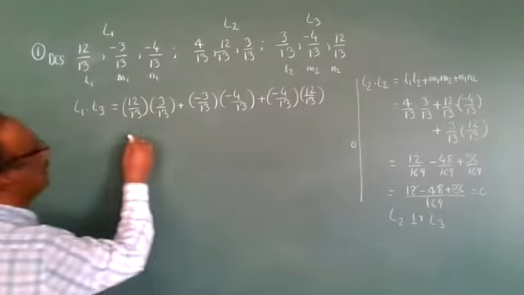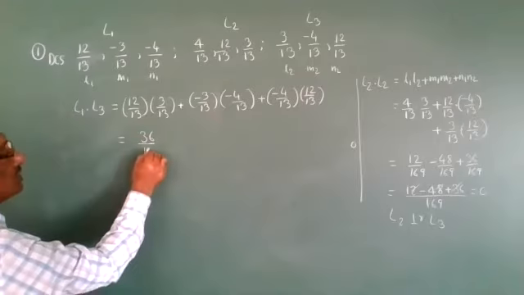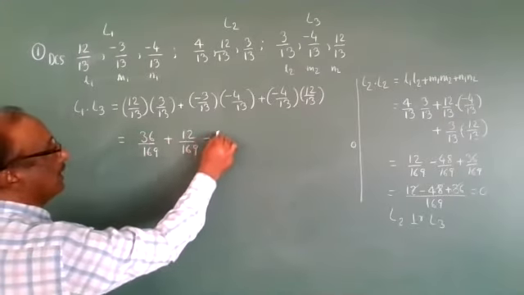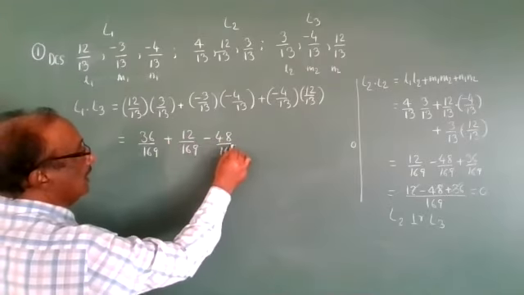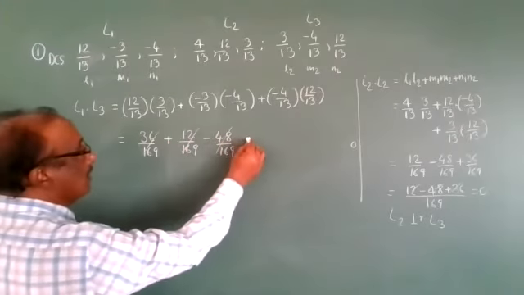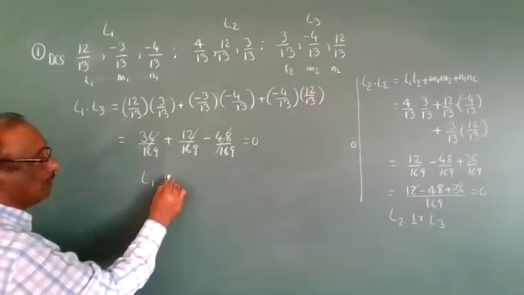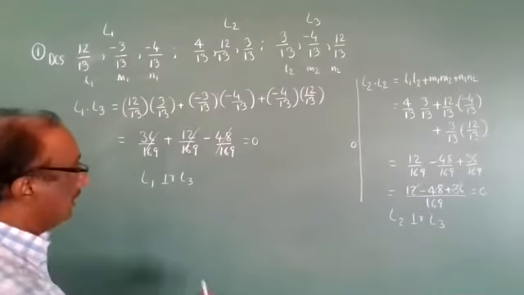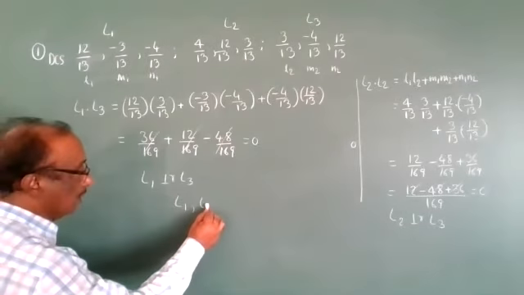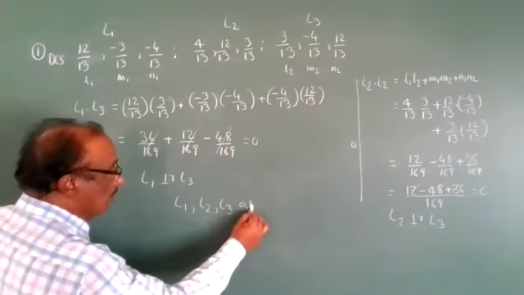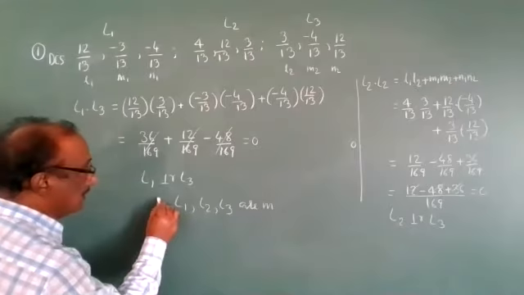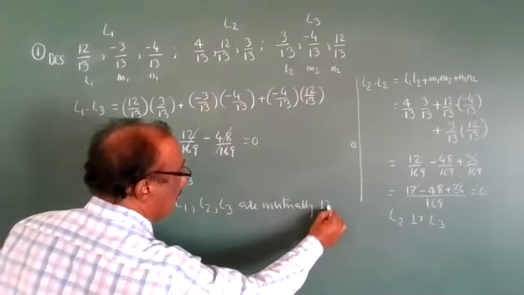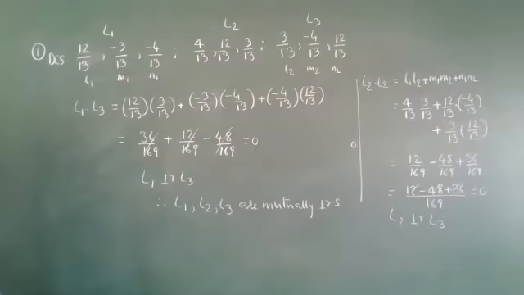Here is 36 by 169 plus 12 by 169 minus 48 by 169. All cancel, its value is also 0. L1 is perpendicular to L3. So the 3 lines L1, L2, L3 are mutually perpendicular. Write down everyone: mutually perpendicular.